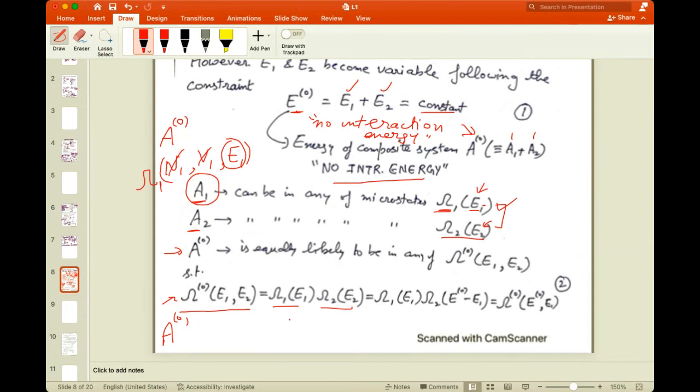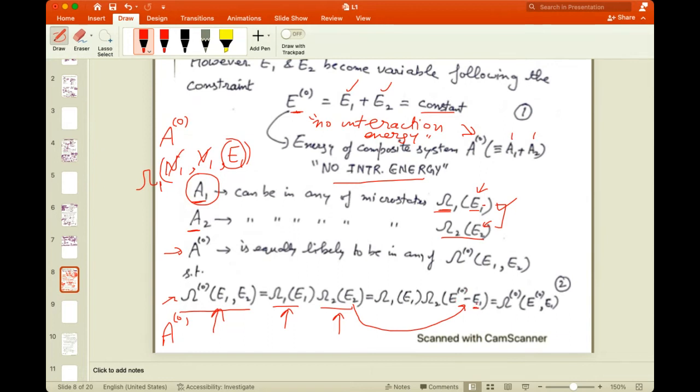So 3 into 2. Similarly, if you look for the total number of microstates available to the composite system, this is just the product of the individual numbers of microstates available to the individual systems. And there is a trick in changing the functionality here. If you see from here to here, we just replace E2 by E0 minus E1, right?